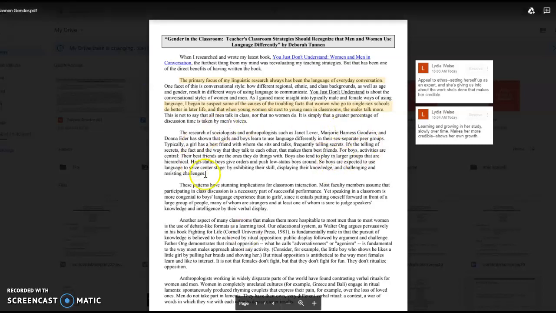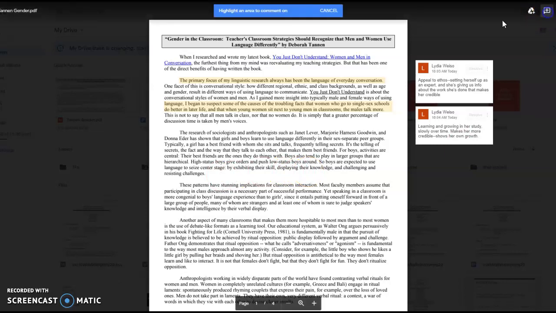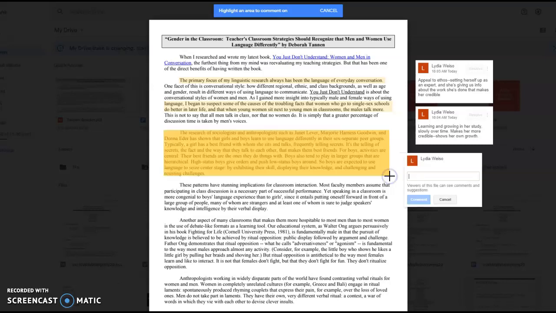So I'm not going to read this paragraph, but she does a couple of things here. For the most part, what she's doing is that she is setting up some background about gendered communication, about how it operates, about what it is like, especially for children. So this tells us some background on the topic.